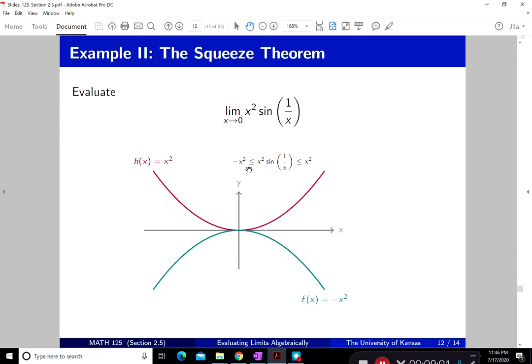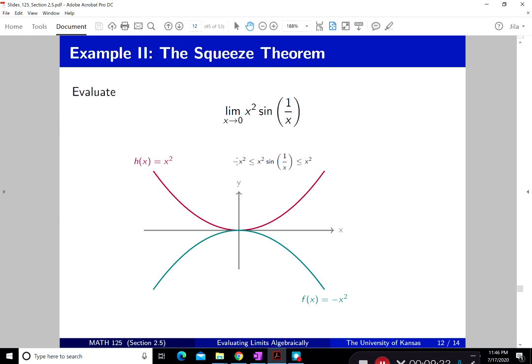If I multiply this double inequality by x squared, and x squared is a positive value, so it doesn't change the direction of the inequality, it says that x squared sine of 1 over x is between negative x squared and x squared. And so it's exactly the Squeeze Theorem, because this function falls between these two.